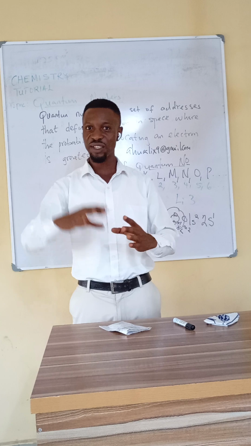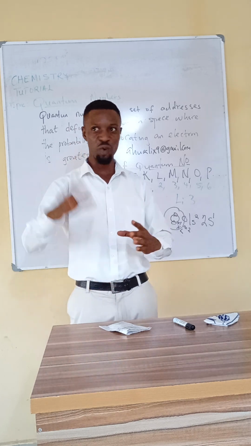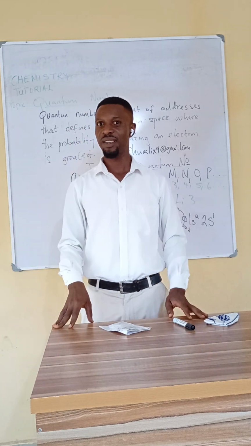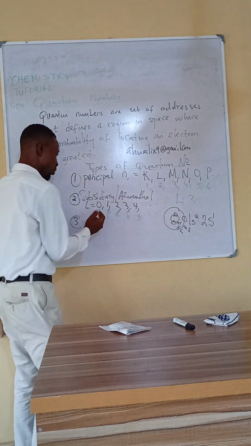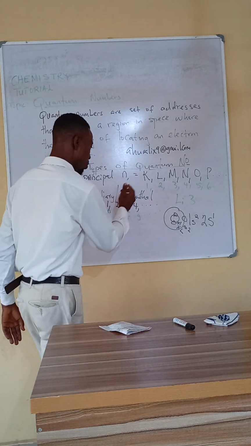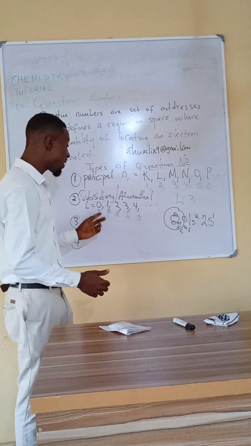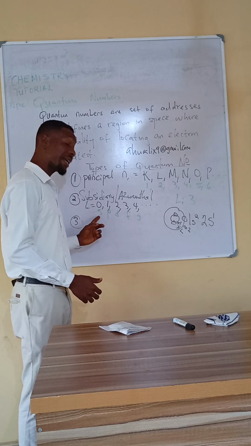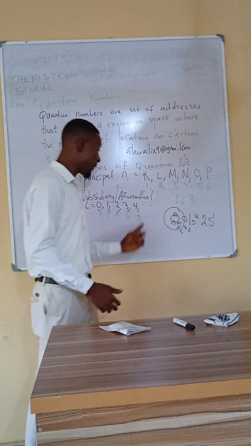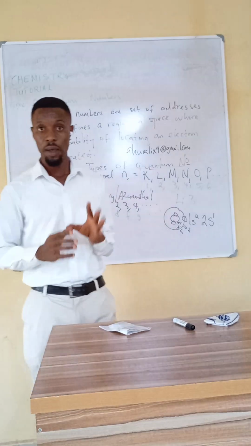So this energy level has sub rooms. The hotel has suites in it. So basically this room 0, room 1, room 2, room 3, room 4 is telling you that room 0 corresponds to the S orbital, P, D, F, G, as the case may be.